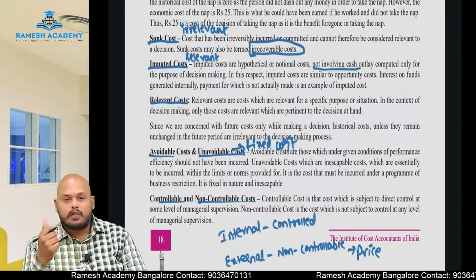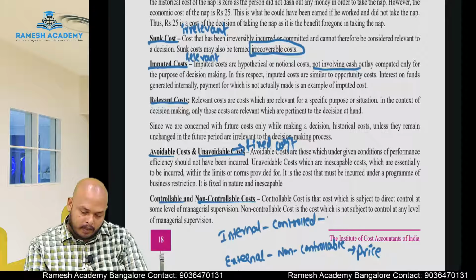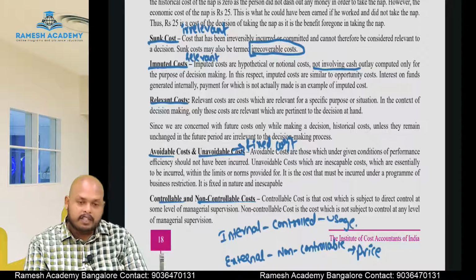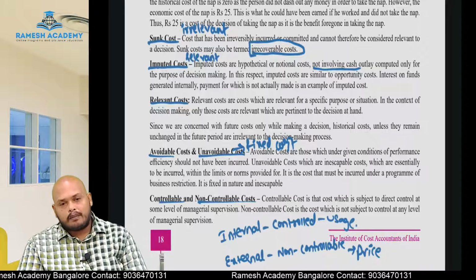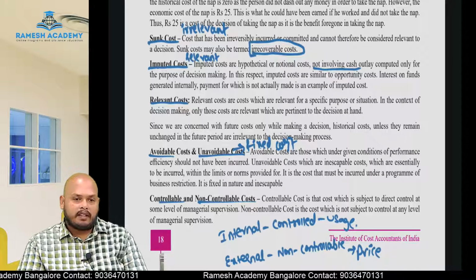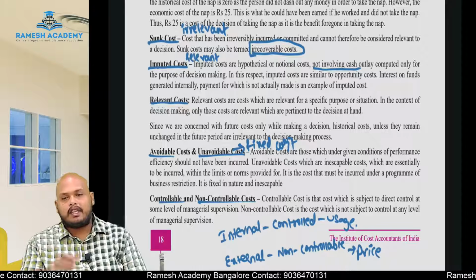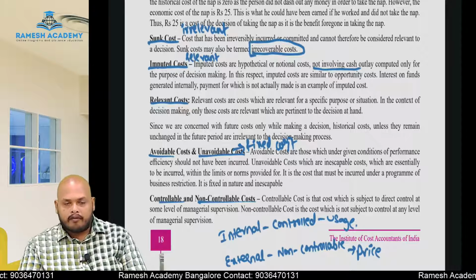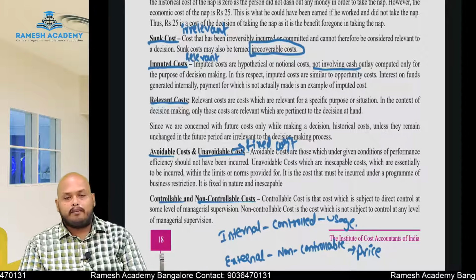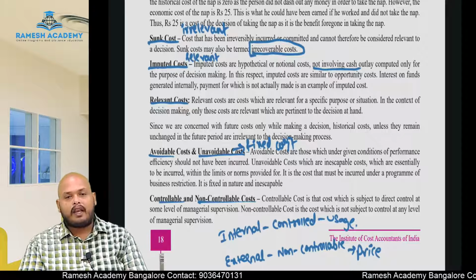Next, material usage. Material usage means the raw material. Suppose you completed your CMA Inter and joined as an articleship trainee in a CMA firm. Your boss has informed you to take printouts from the printer and make a report.